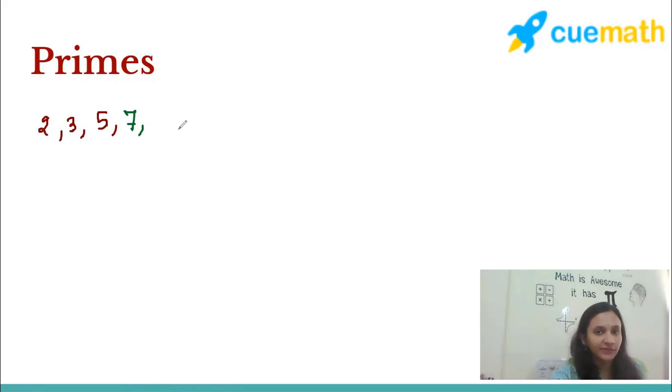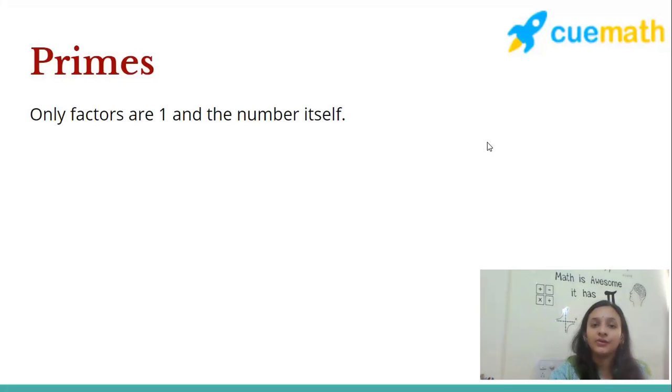It's not about odd or even, it's about having only two factors, that is 1 and the number itself. 9 has 3 also as a factor, so 9 is not a prime number. So 7, 8, 9, 10, 11 is a prime number, and it keeps going. I hope you all have understood what primes are: the only factors are 1 and the number itself.